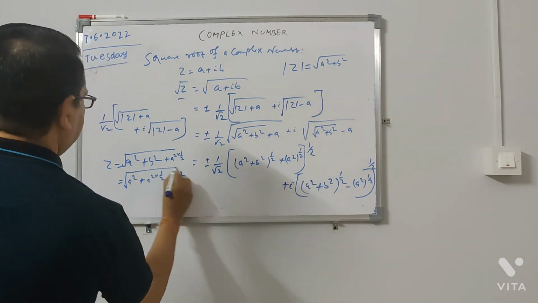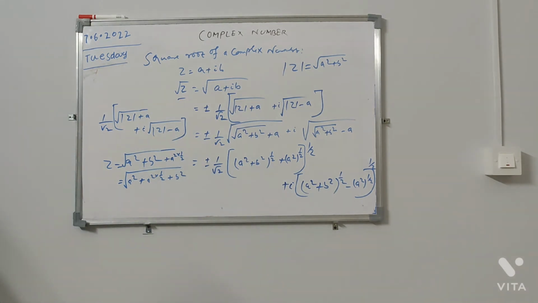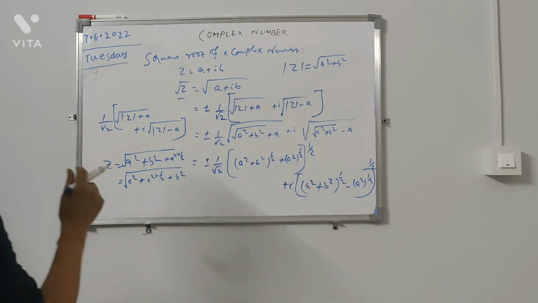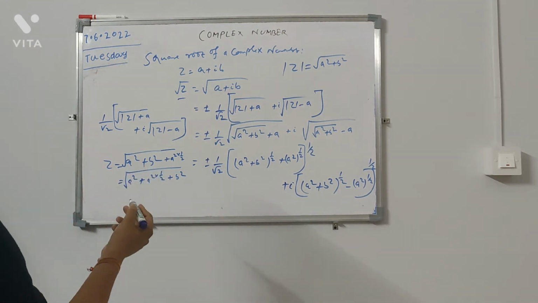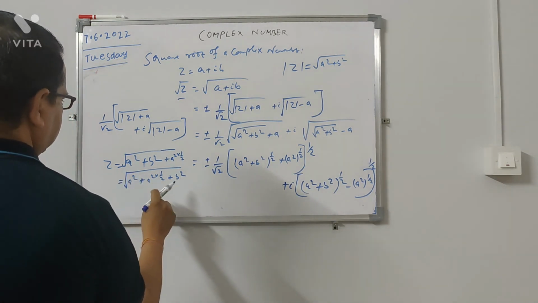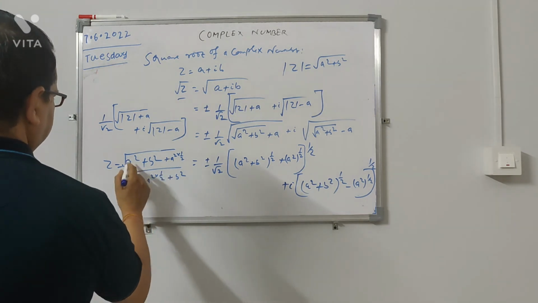Only those two are in square root because that is modulus z. Modulus z and a are both in square root: square root of a square plus b square, plus a, whole square root.